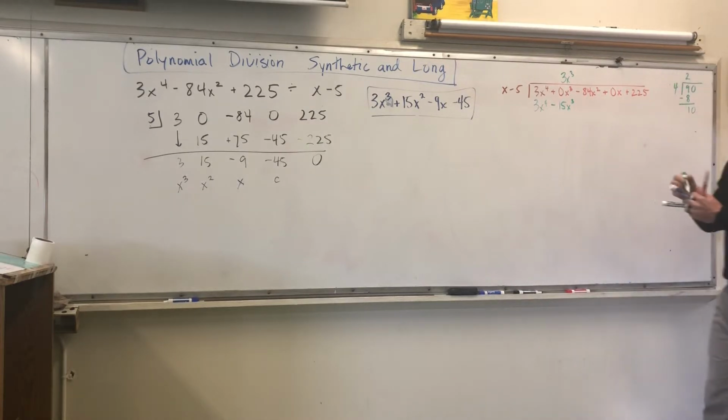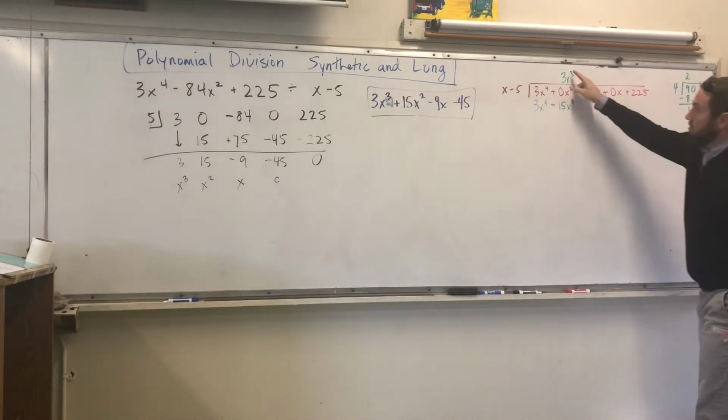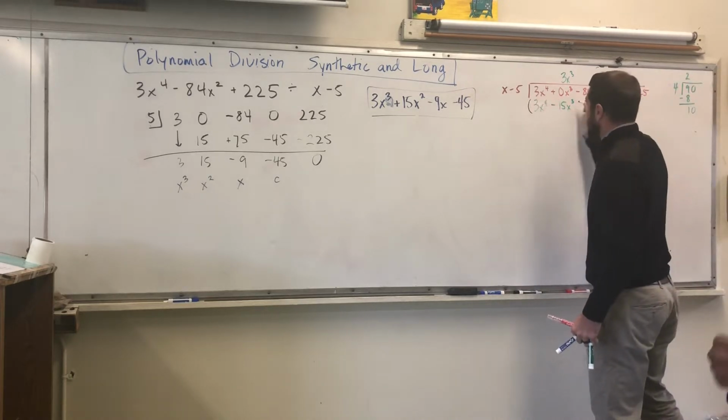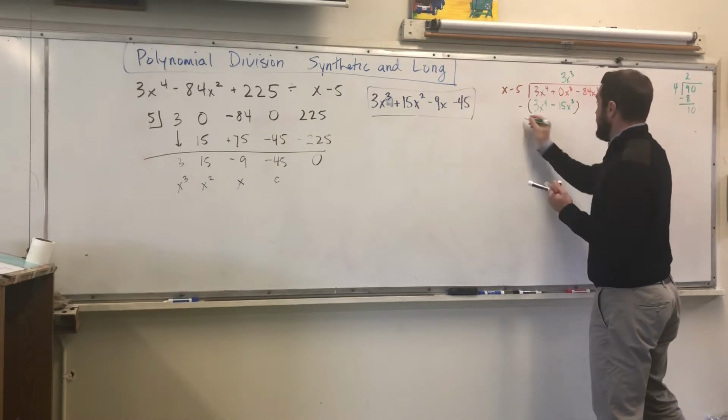Now remember, when we were dividing in the past, whatever you multiplied by, you subtracted. So that's going to be the same thing here. You're subtracting this from whatever you have here.